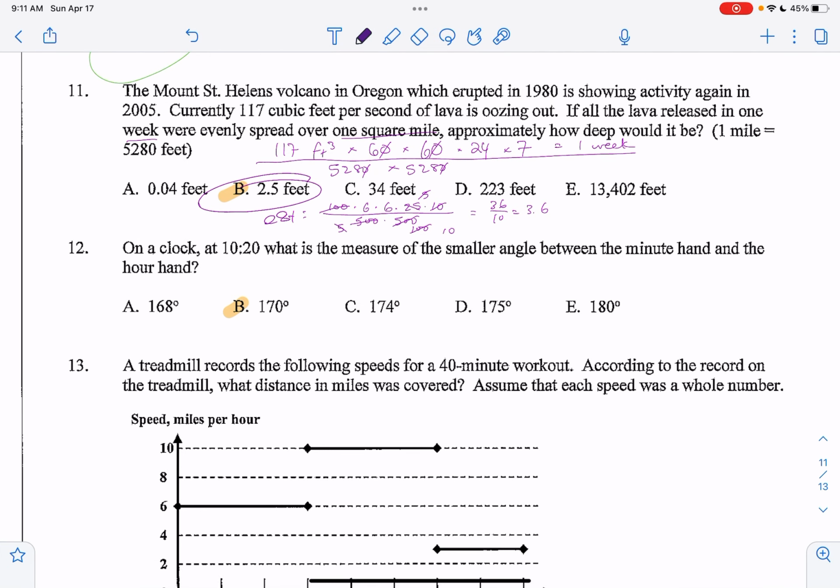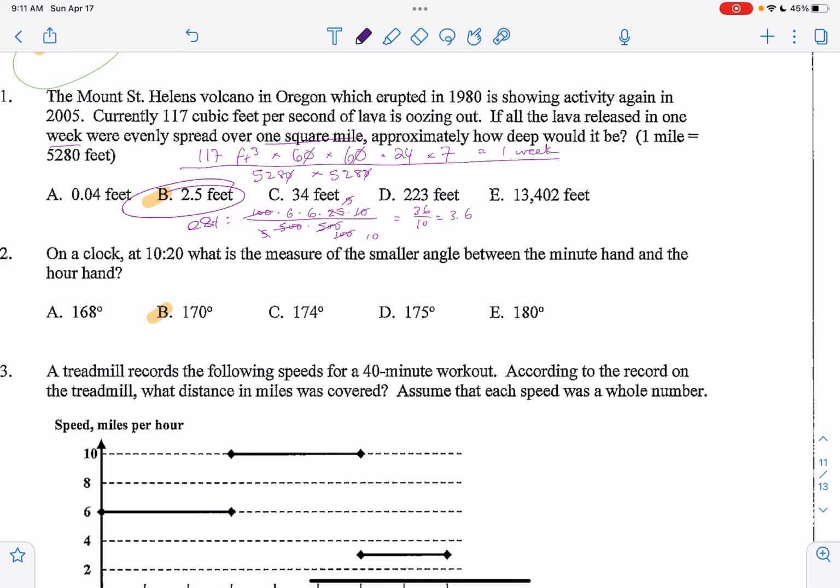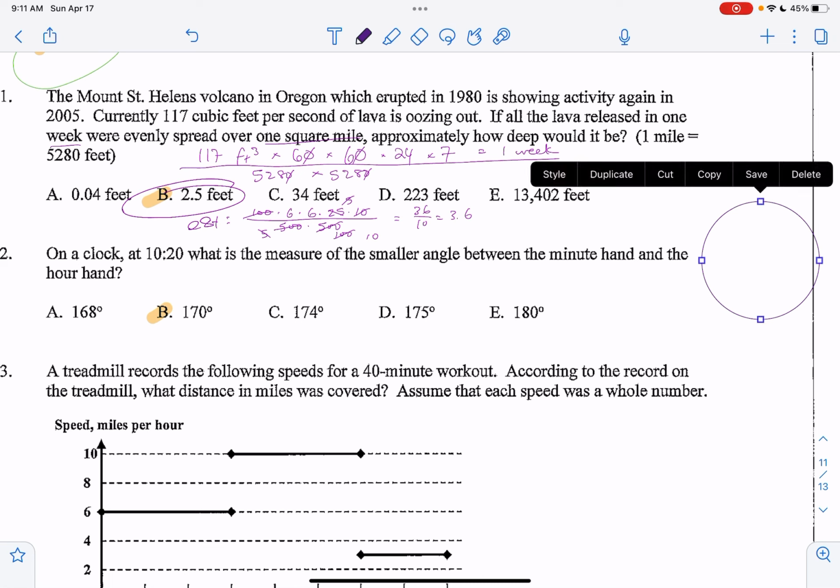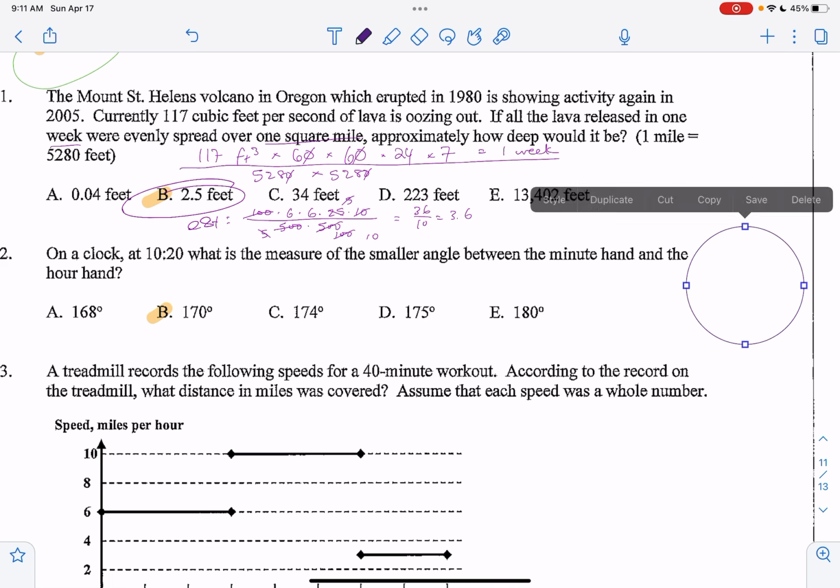Next for number 12, on a clock at 10:20, what is the measure of the small angle between the minute hand and the hour hand? So here when you have a clock, you have the 12 hours.